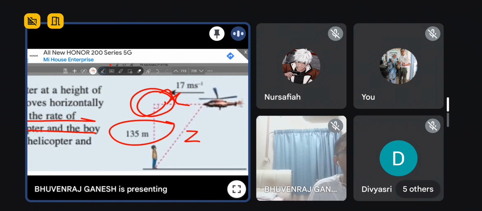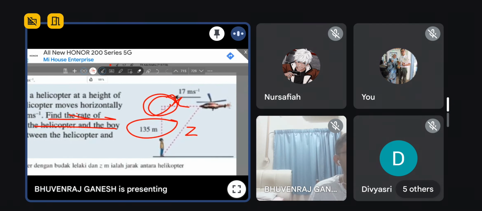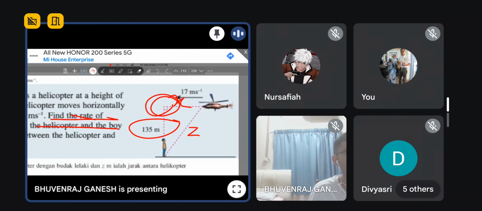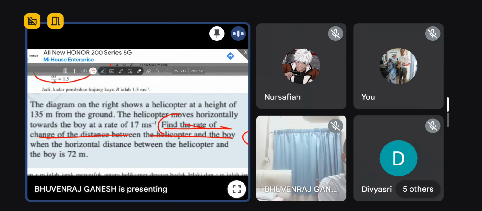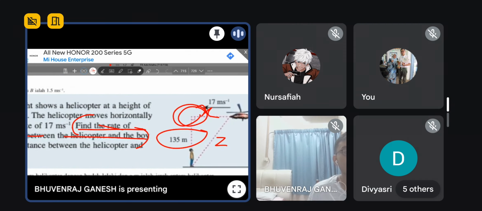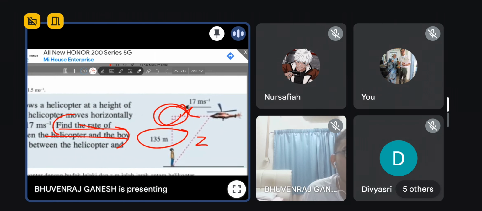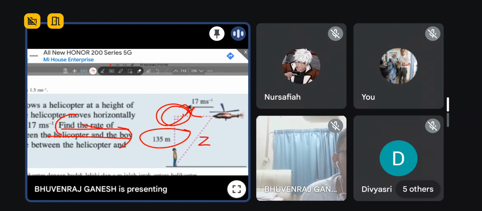Okay. So now, of course, you're going to apply chain rule because they give you this information over here. 17 meter per second. Sorry, not that one. This one. They ask you to find the rate of change of distance. Okay. So rate of change of distance, guys. What quantity are we referring to here, for rate of change of distance of helicopter from the boy? Is it x or z?